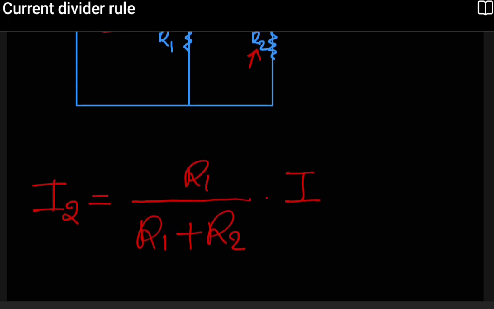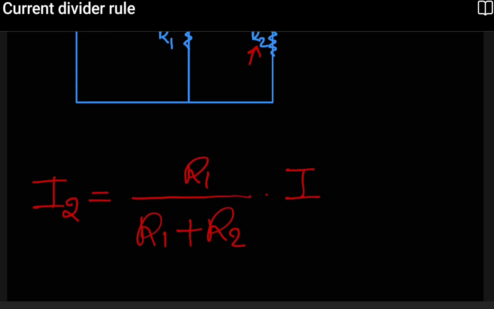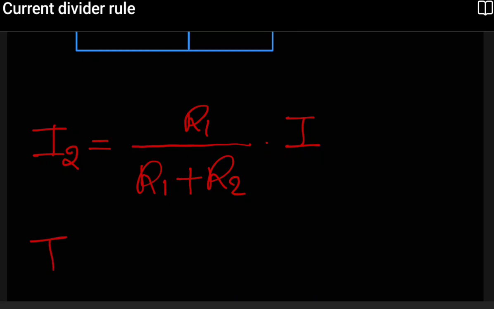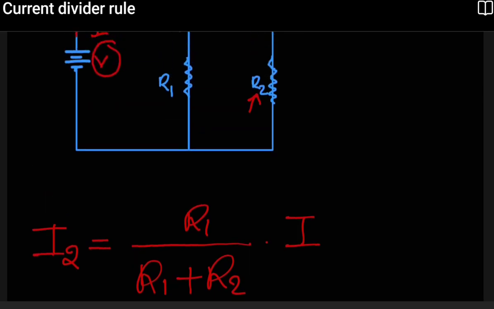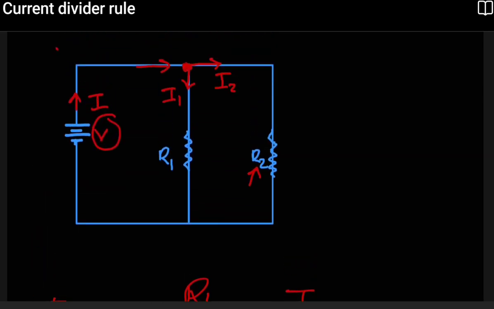This is the current divider rule to determine the current passing through R2. If you wanted to find the current passing through R1, the resistor on top will be the other resistor. This will be R2, and then of course the sum, R1 plus R2, multiplying I. So generally this is the current divider rule.